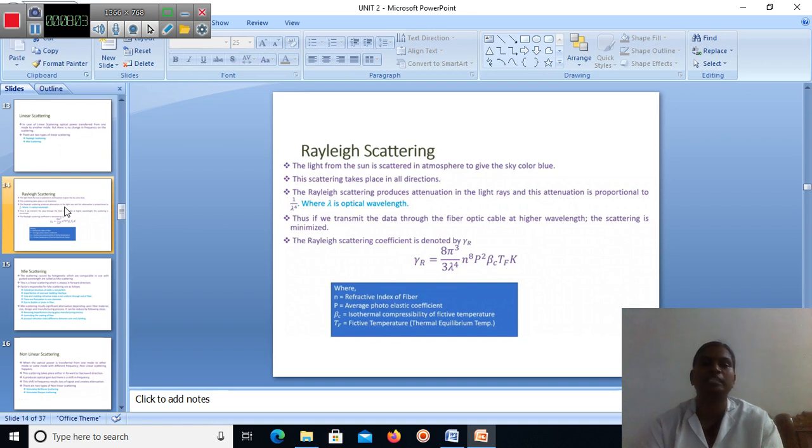This scattering takes place in all directions. The Rayleigh scattering coefficient is denoted by gamma R equal to 8 pi power 3 divided by 3 lambda power 4 n power 8 p squared beta c T f into K.